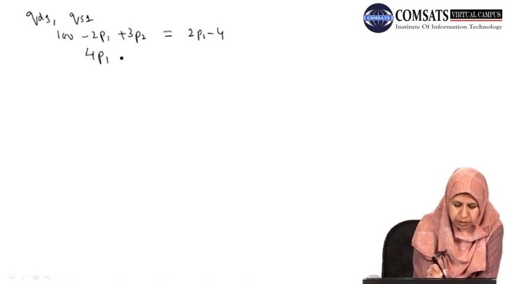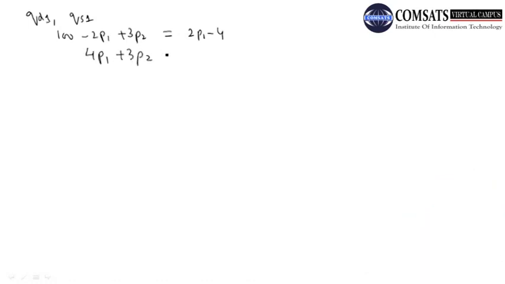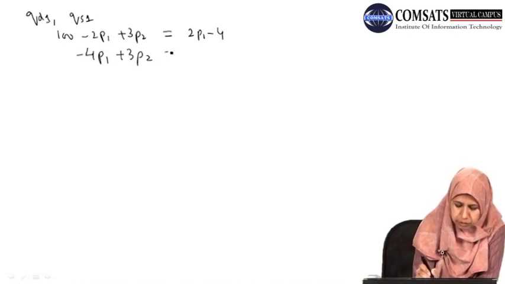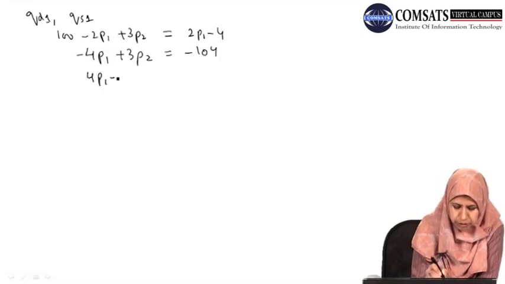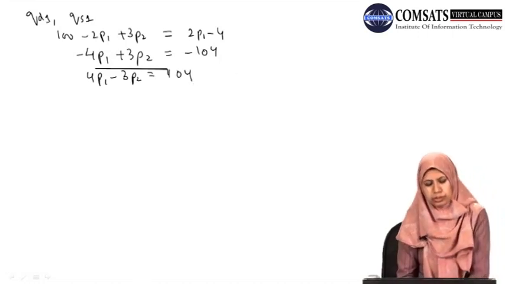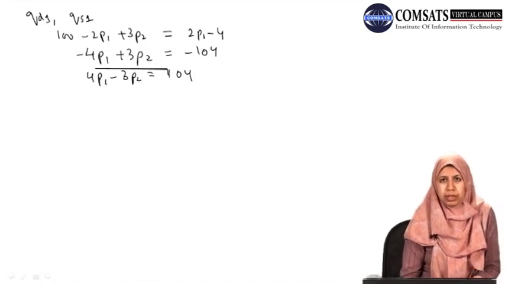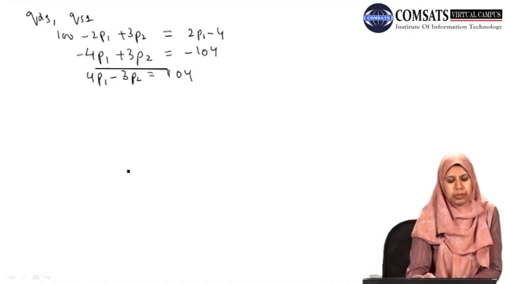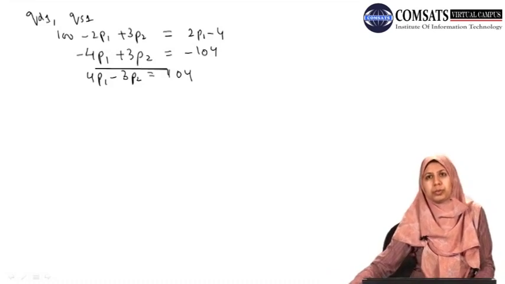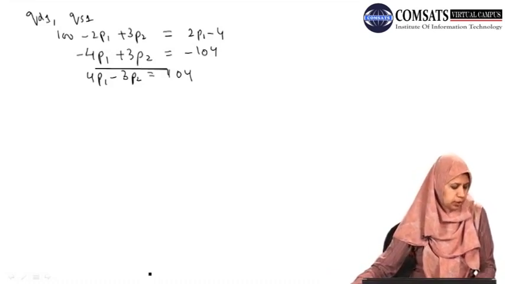We obtain 4P1 minus 3P2 equals 104. So this is our equation of market equilibrium, a linear equation in two variables, the prices P1 and P2 for the two products, product 1 and product 2.